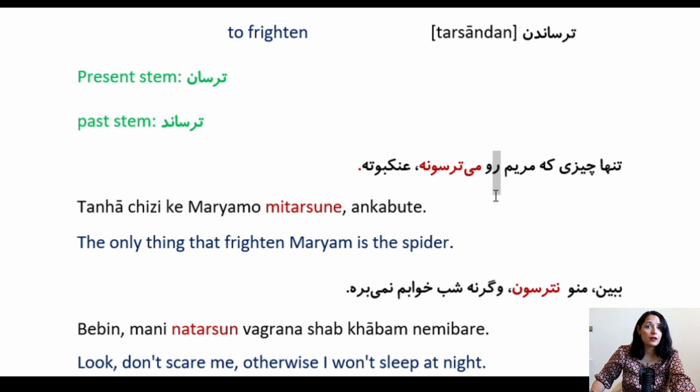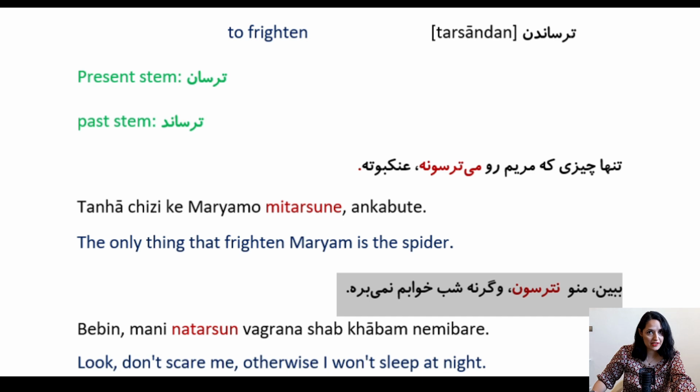And when we add ra, which in spoken Persian is ro, we omit the re sound and we say Maryamu.